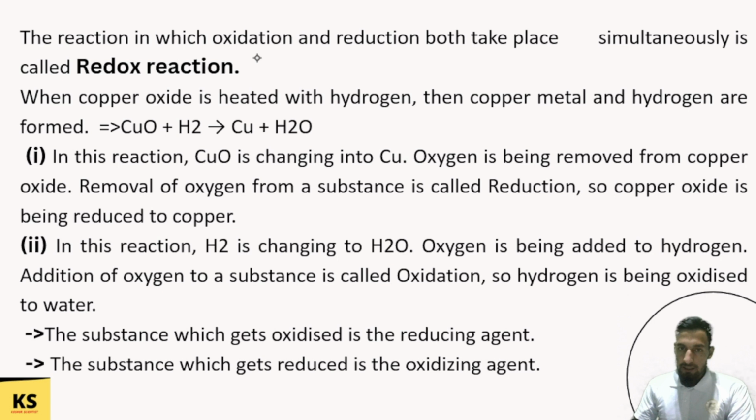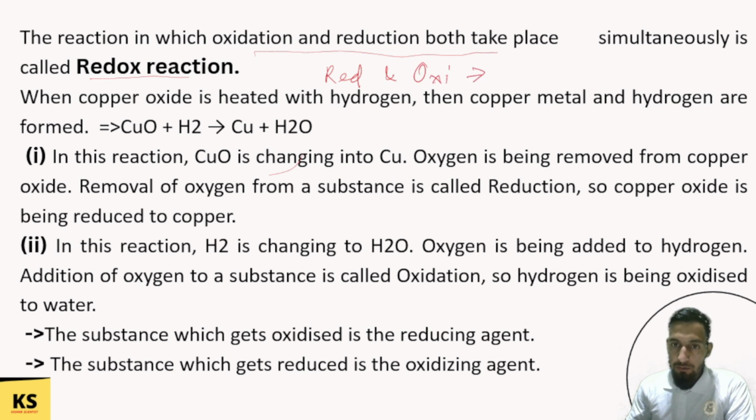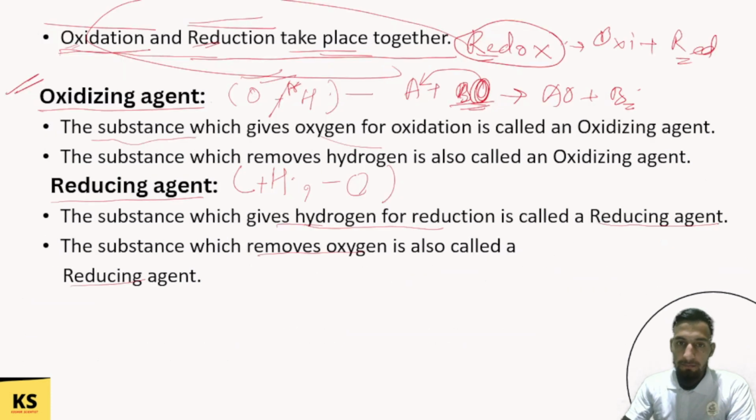A reaction in which oxidation and reduction both take place simultaneously is called a redox reaction. As told earlier, reduction and oxidation happen together.